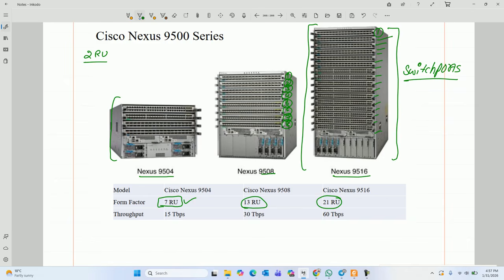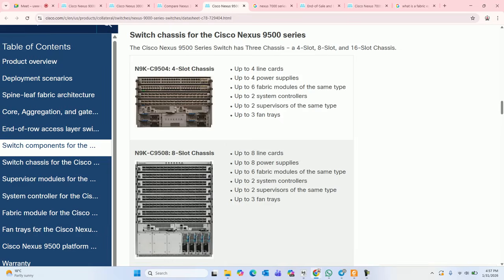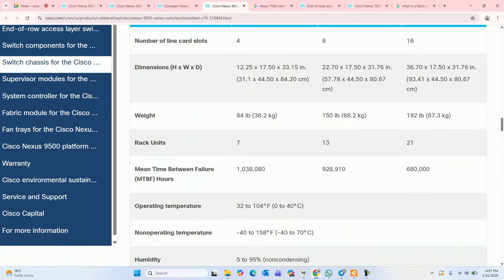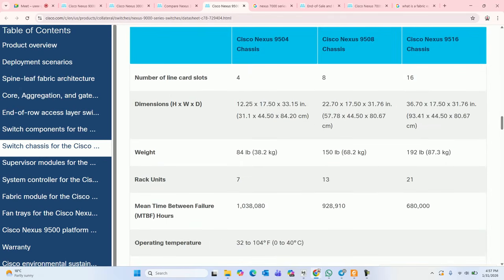So you can just see. What do you think, guys? Is it possible for us to carry this switch? You can see the weight. The weight of this switch is 87 kgs. I know most of you might be working out daily and doing deadlifts in the gym, right?